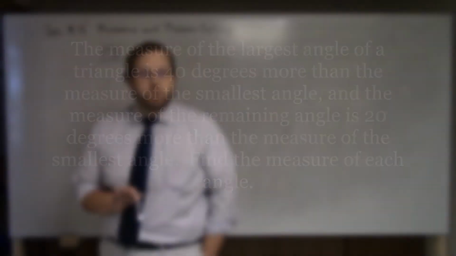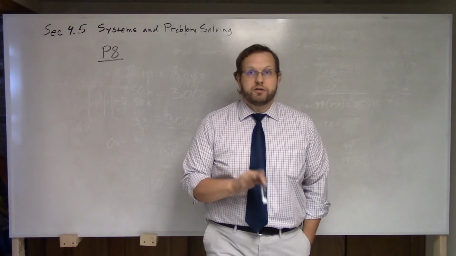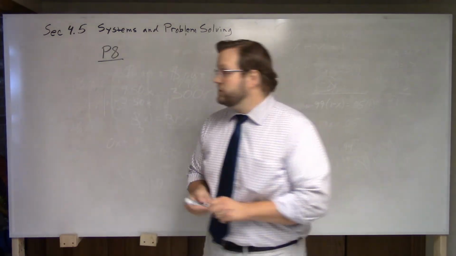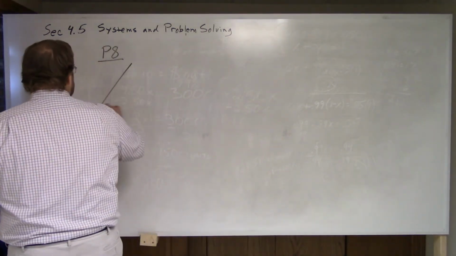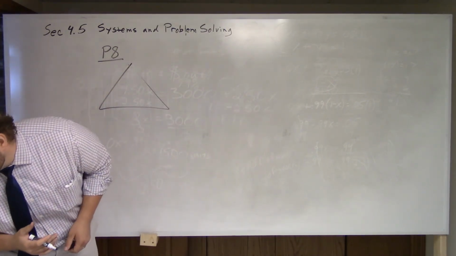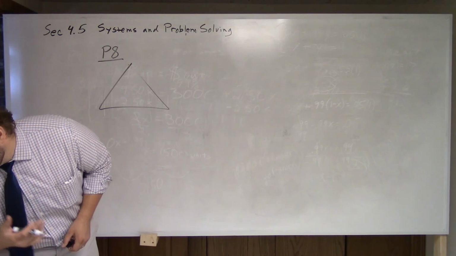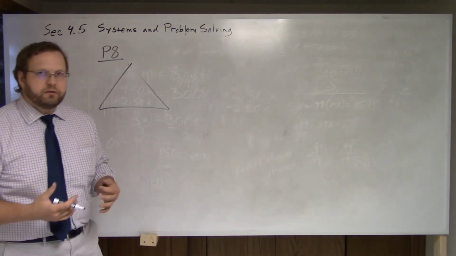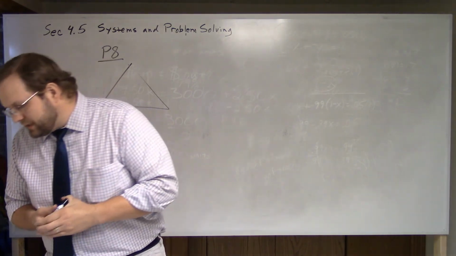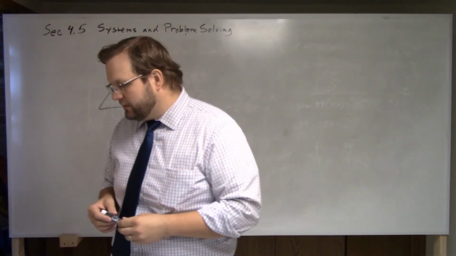Okay, so we are talking about a triangle, and we've got 3 angles, and they're describing those 3 angles to us. Okay, so if it helps to draw a triangle, or they talk about largest angle and a third remaining angle and all that. So we've got a triangle here. Let's see what it says. Let's go in and get a little bit more detailed information.